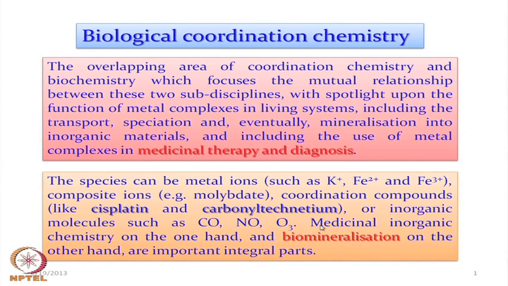So, the other part of this subject, medicinal inorganic chemistry, we can have on one hand, and the biomineralization process on the other, where mineralization can take place in the living system, where a large amount of iron, say, which is not utilized immediately for blood synthesis, can be stored in our body and function as an integral part of the living system.